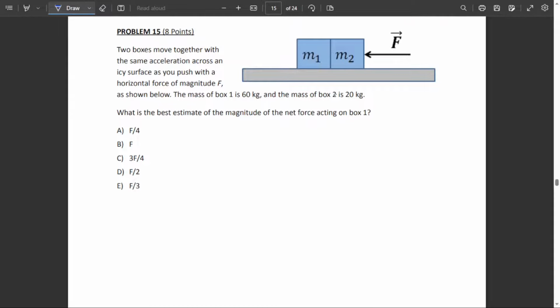We want to find the magnitude of the net force acting on box 1. So we want to find the amount of F acting on M1. If we look just at box 1, there's only two forces acting on it, the weight force and this proportion of F. We'll say F of M2 because it's being pushed by box 2 into box 1.